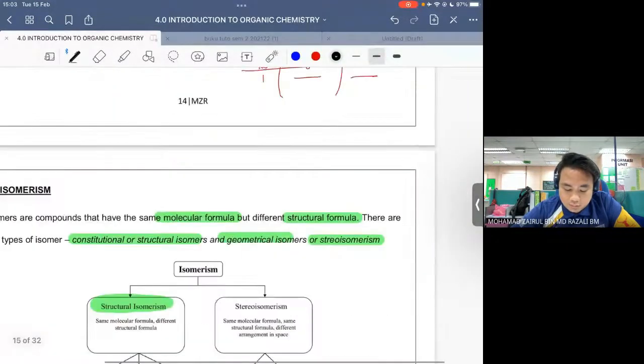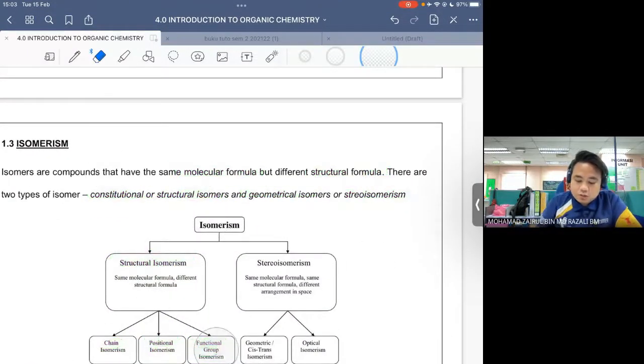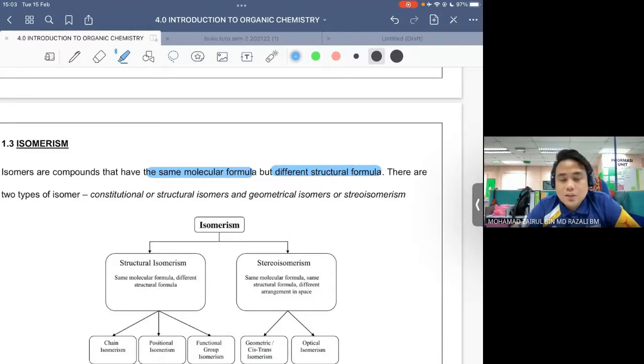Okay, so by definition, isomers are compounds that have the same molecular formula but different structural formula. Okay, same molecular formula but different structural formula. So kalau nak lagi specific, different structural formula tu we can say that as a difference on how the atoms are connected together ataupun how the atoms are arranged in space.